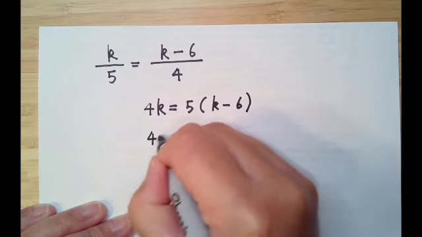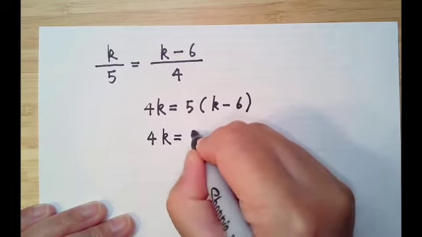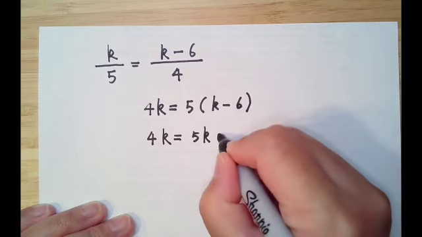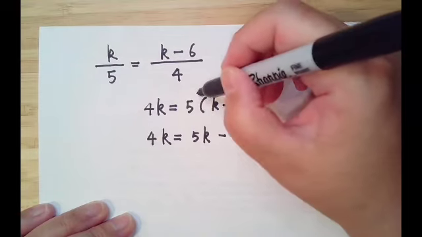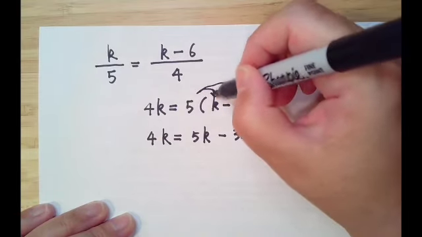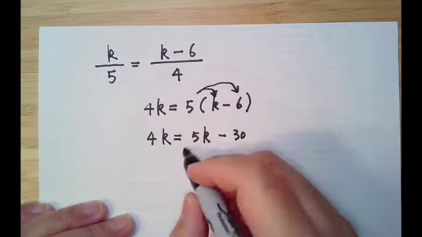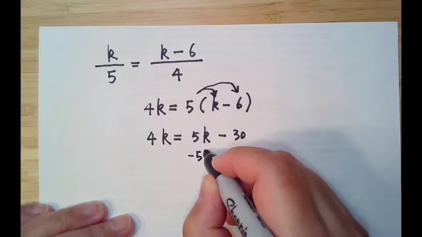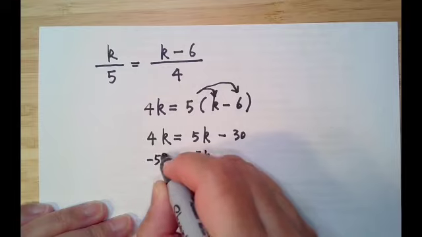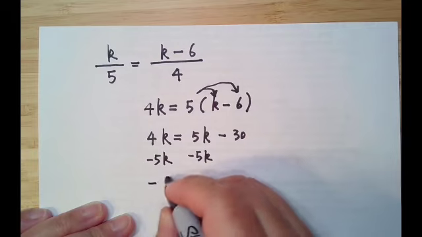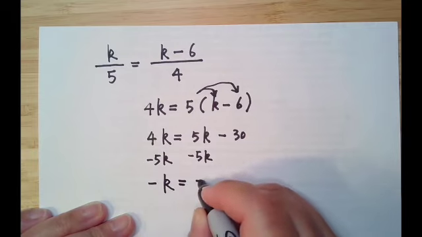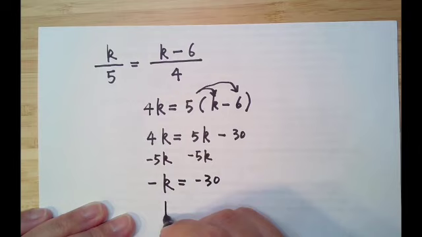And I know 4k equals 5k minus 30. You see how I get this 30? Distributive property. Right? Alright, now the next step I'm going to subtract 5k because I really want to get rid of this on the right side. So I have negative k equals negative 30. We are so good at this. Okay, k will be just 30.